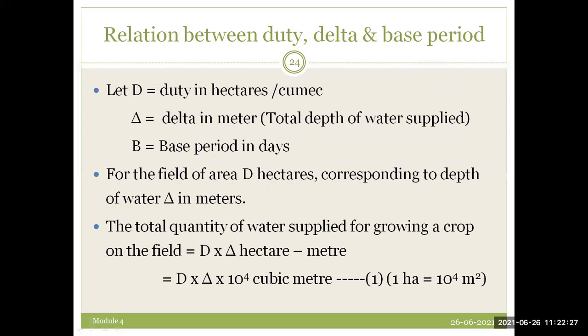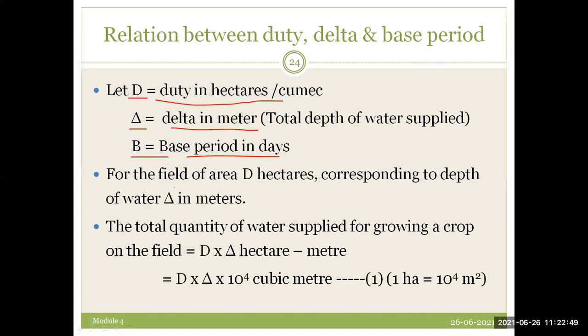So next, let us see the relation between duty, delta and base period. As we have seen, capital D represents the duty in hectare per cumec, delta represents the total depth of water supplied in meters, and B is the base period in days.